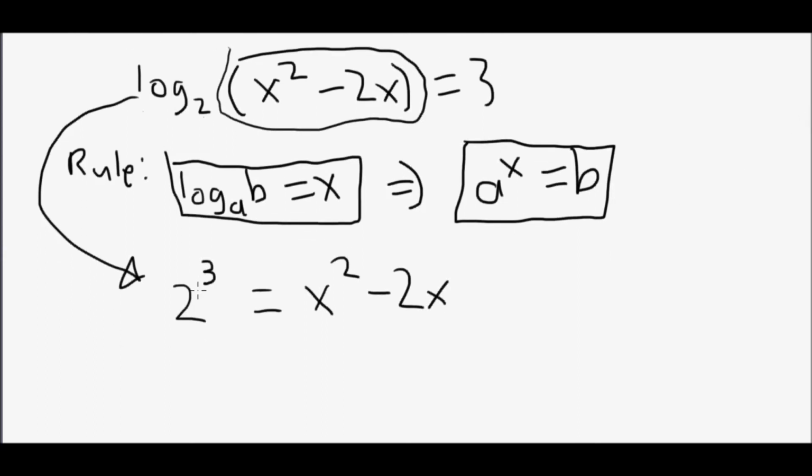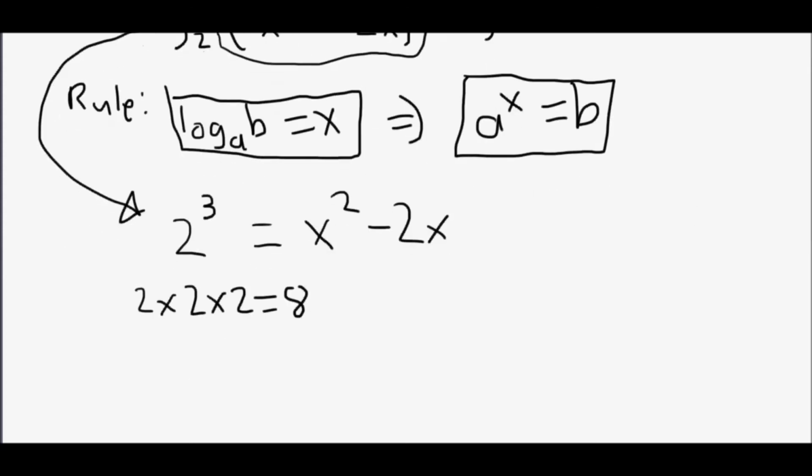Well, 2 to the 3 is really just 8, because it's 2 times 2 times 2. And that means that 8 is going to equal x squared minus 2x.